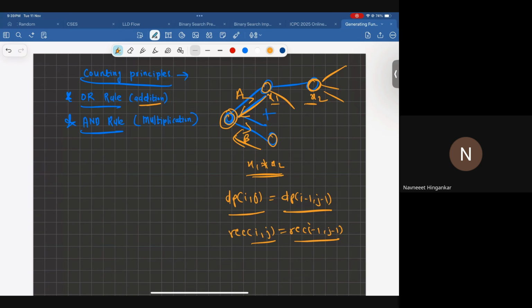Okay, so in terms of that, the OR rule and AND rule is helpful, but for generating functions, the OR rule and AND rule is very simple, right?